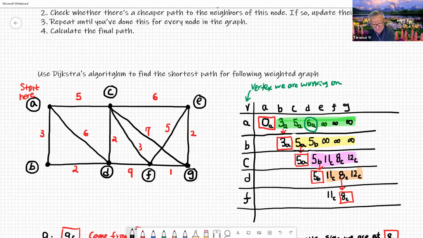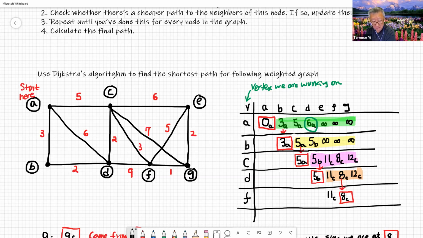Let's find out what we have here. Okay, so from F to G is 1 unit.